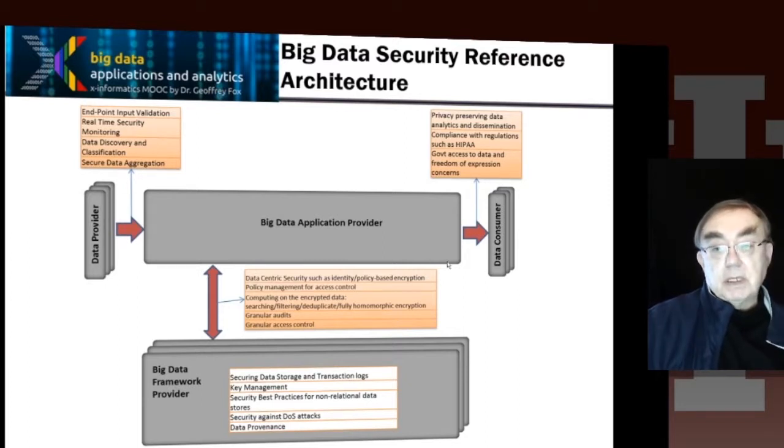So here, superimposed on the basic reference architecture, these various categories of challenges are listed, also with some more detail. Endpoint input validation obviously starts here with the data provider. This has to be screened in real time as it's streamed into the analytics, and we may need to aggregate data. That has to be done in a secure fashion.